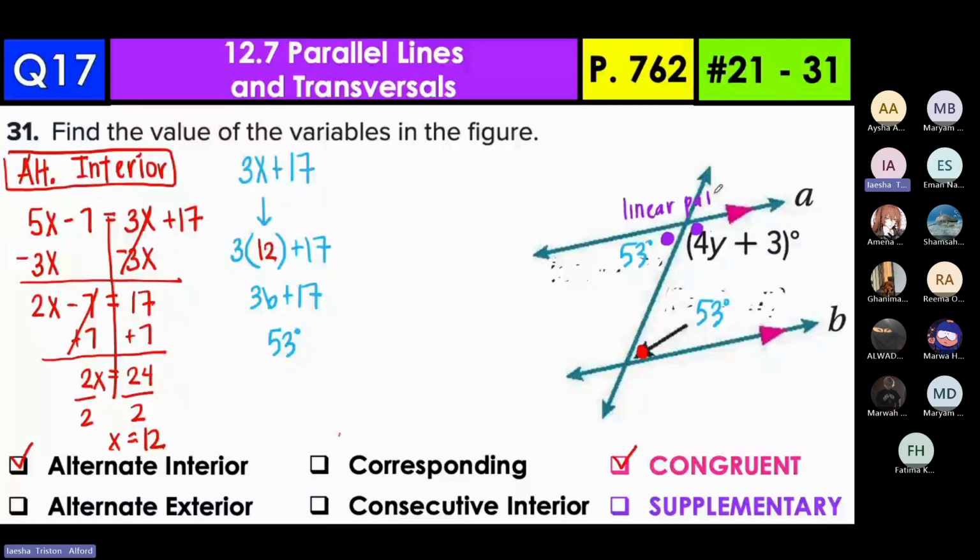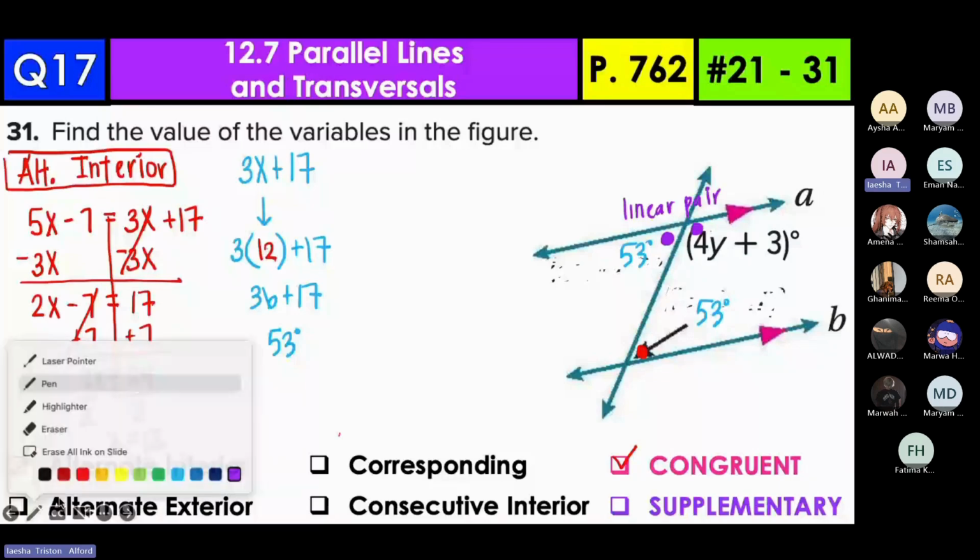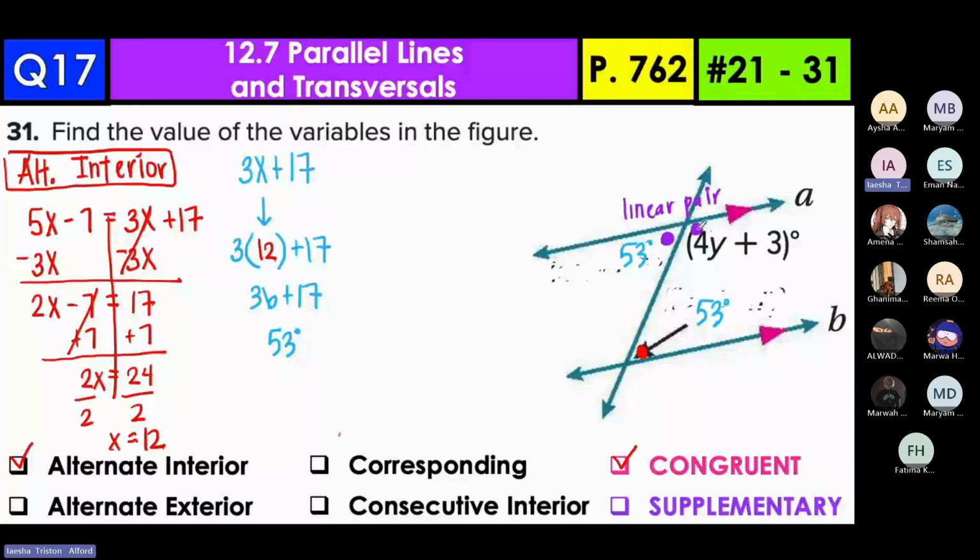I'm going to show you another option now. If I take this one and this one, it has a name. Same side or opposite side? Same side. Inside, outside? Inside. Which one is the name? Corresponding. No, sorry, I switched it. Consecutive interior. Consecutive interior is congruent or supplementary?